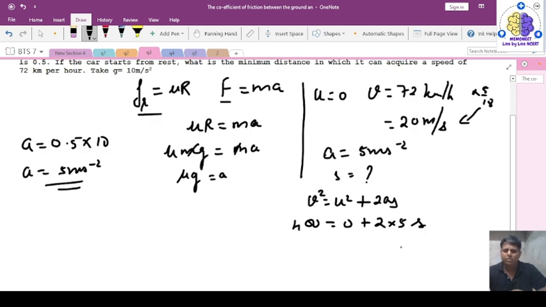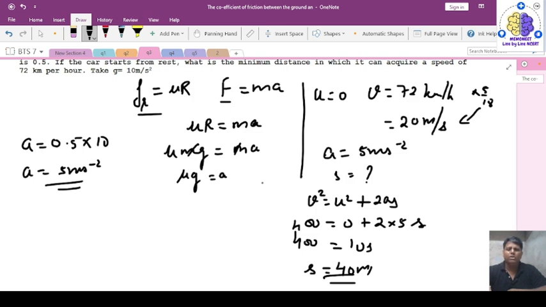So 400 is equal to 10s. So your s will be equal to 40 meters, right? So the answer for this question will be 40 meters. So in 40 meters, it will acquire a speed of 20 meter per second or 72 kilometers per hour.